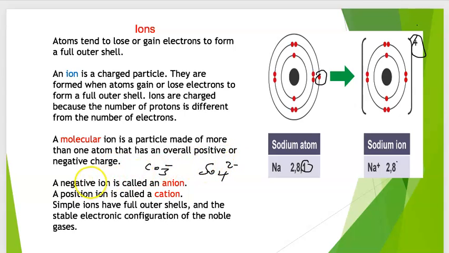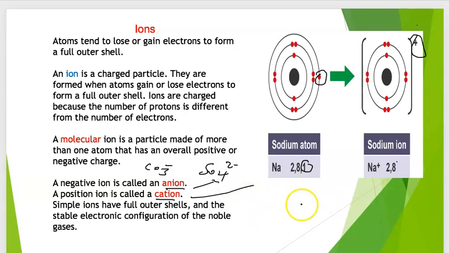Now, a negative ion is called an anion, and a positive ion is called a cation. What do we mean by that? An anion is an atom with a negative charge. So here this could be an anion because it possesses a negative charge.